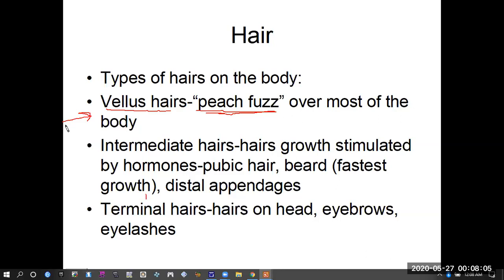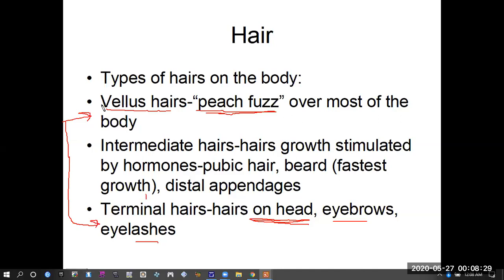If we skip in contrast now to terminal hair, basically the scalp is the perfect example. You also see in this group eyebrows, eyelashes. So especially thinking about the scalp, this hair type has the potential to grow much longer. It can have much more texture and pigmentation to it.